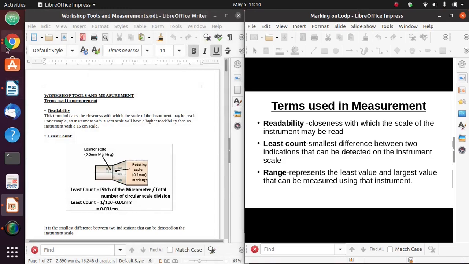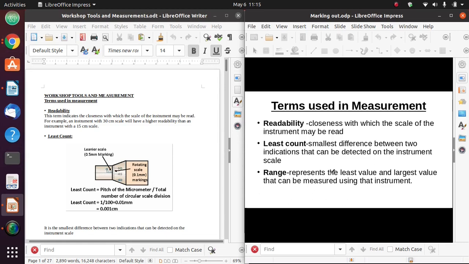That is what we call the least count. The value between the two indications in a scale is what we term as least count. So you'll find that the scales of different instruments have different least counts. Kama ya ruler, hizi ruler ambazo tunatumia kwa class ni 0.1 of a centimeter. You'll find that others are 0.01 of a millimeter, depending on the accuracy of the instrument.